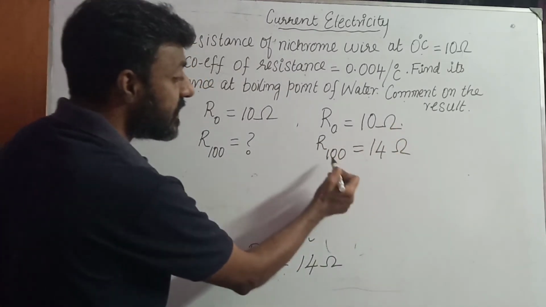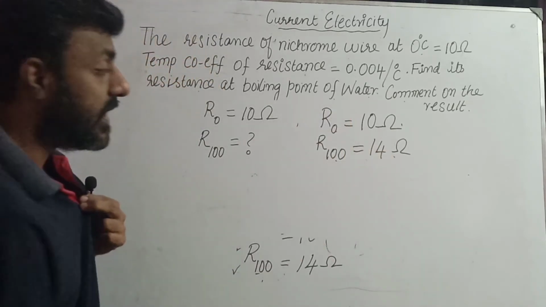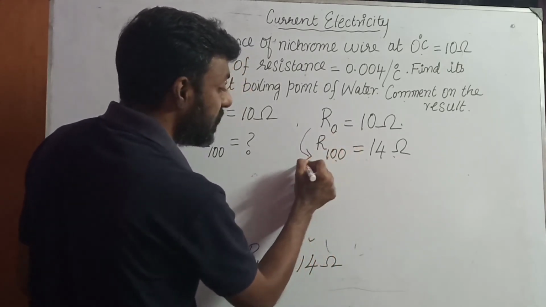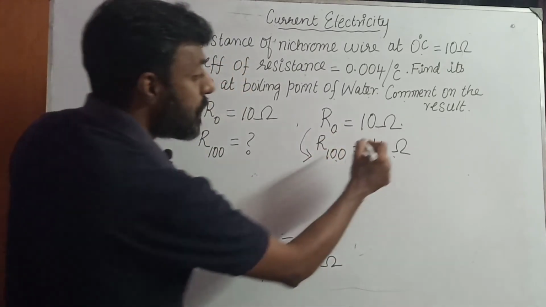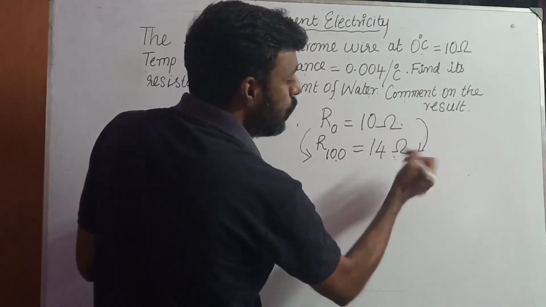We have obtained R100 equal to 14 ohms, the resistance at the boiling point of water, 100 degrees Celsius. So you can conclude that as the temperature increases from 0 to 100 degrees Celsius, the resistance also increases from 10 ohms to 14 ohms.